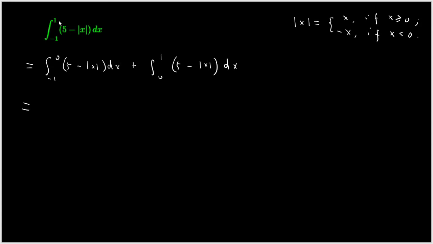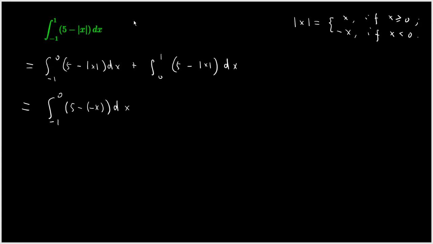At this point, we can use the property to get rid of the absolute value notation. The first integral is from -1 to 0. When evaluating that integral, x is treated as a number from -1 to 0, so the absolute value of x is negative x. The integral is 5 minus the absolute value of x, replaced with negative x.